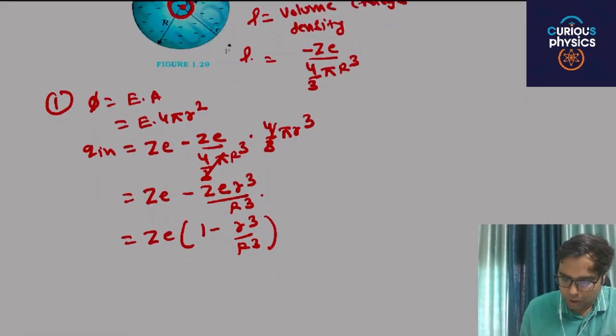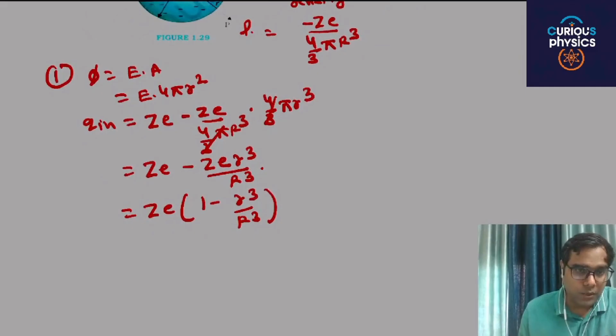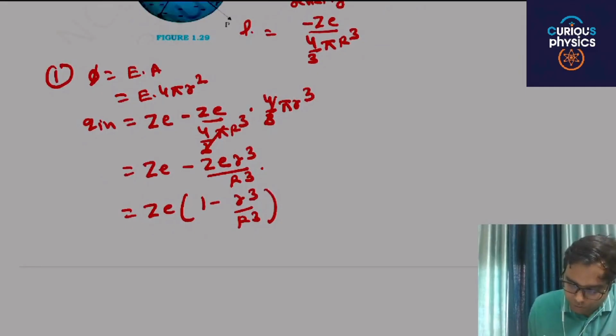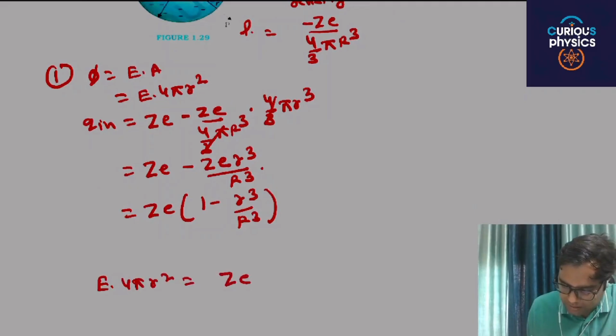So you can now apply the Gauss law. Phi is E into 4 pi r square is equal to Q in, Ze into 1 minus r cube by R cube, divided by epsilon naught.